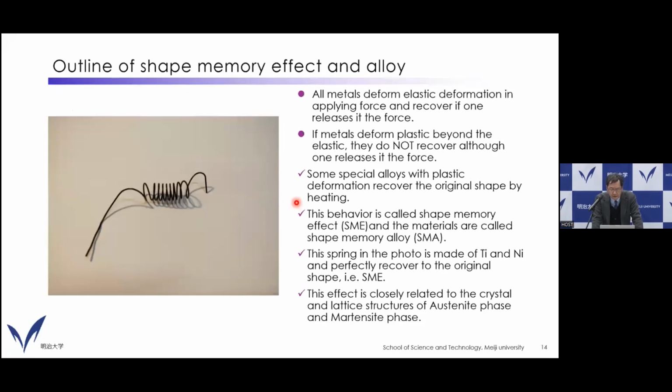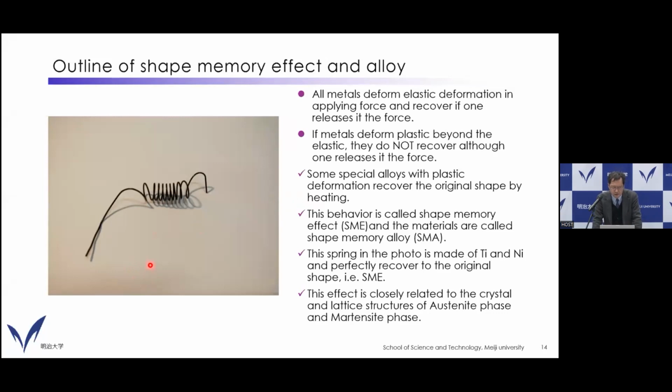All metals deform elastically when force is applied, and recover if one releases the force. If a metal deforms plastically, beyond the elastic range, it does not recover even if one releases the force. But some special alloys with plastic deformation recover the original shape by heating.